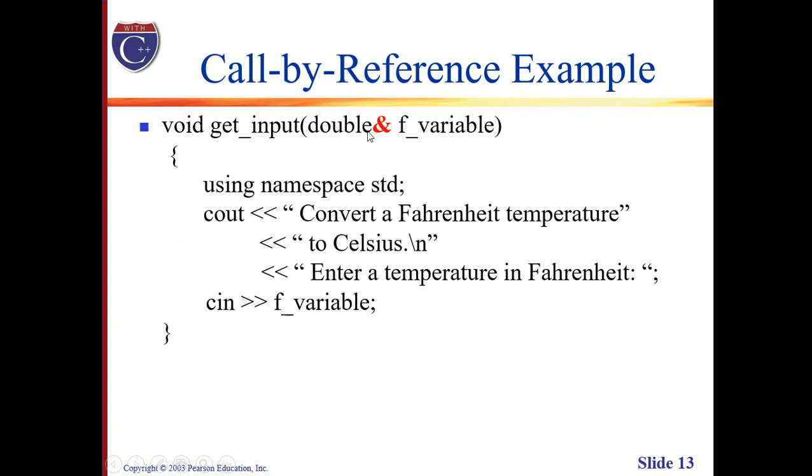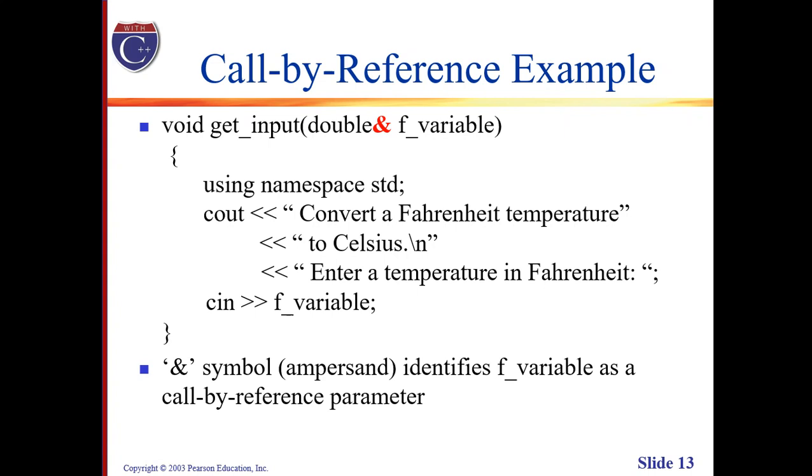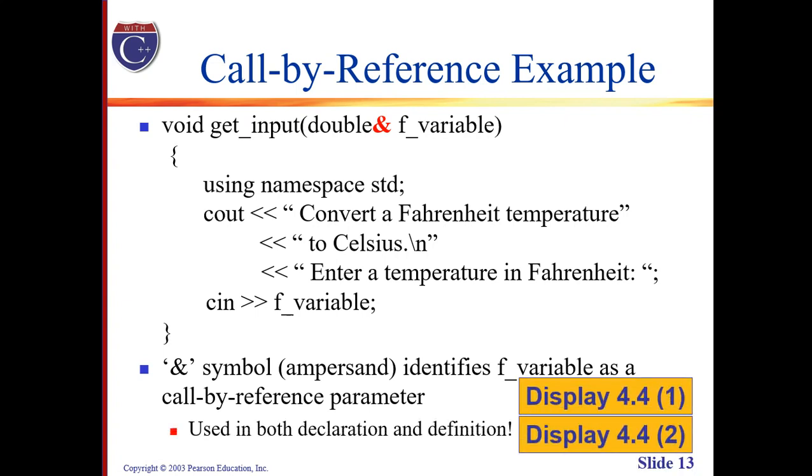In the formal parameter section, there's an ampersand symbol that comes after the data type for our formal parameter. The ampersand symbol identifies the variable as a call by reference parameter. That's how we declare a call by reference parameter. Of course, we must use that both in the declaration and definition of our function.